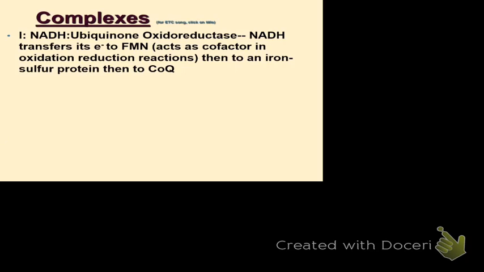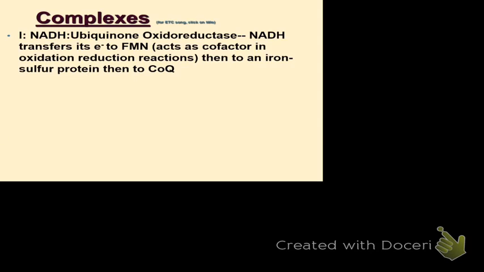Complex 1 is also called NADH ubiquinone oxidoreductase. So you can probably guess what this does. What kind of reaction is this going to be doing if it's called an oxidoreductase? It's transferring electrons, right? It's a redox reaction.